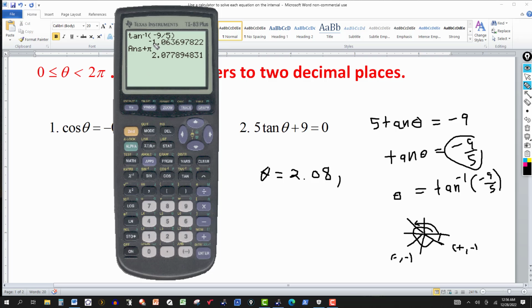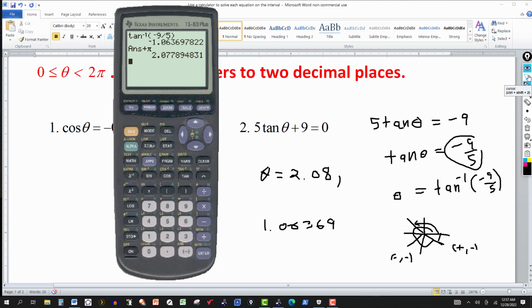The reference angle is just going to be this right here. Just ignore the sign, and that's 1.06 and so forth. So what I'll do is write it over here. The reference angle is 1.066369.